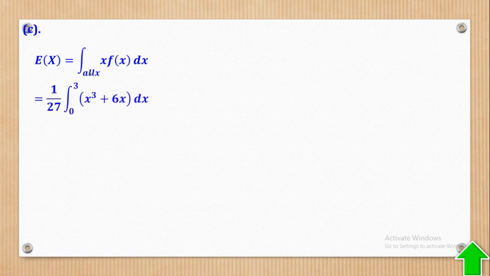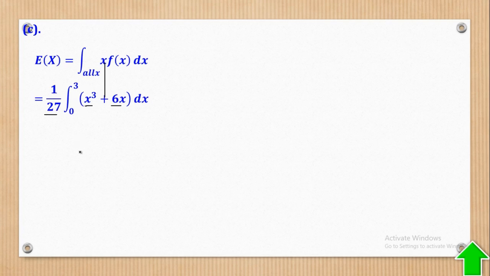Next we shall substitute. Now the function was x squared plus 6. When I multiply x through x squared plus 6 it gives me x cubed plus 6x. But there was also 1 over 27 which was outside, a constant, so it is there. Then I integrate from 0 to 3.